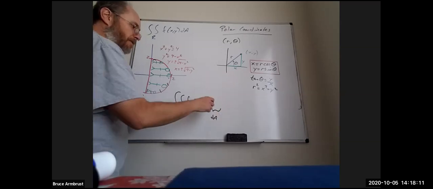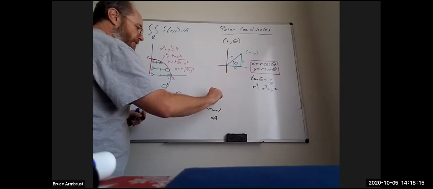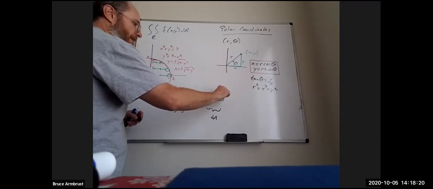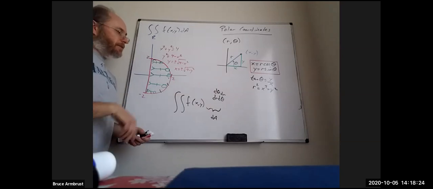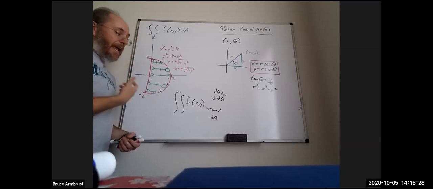But suppose that this dA, we're going to say it's a dr d theta, let's say, right? Or it's going to have a d theta dr. It's basically how it's going to work out. But I want you to think about this in terms of getting this region with angles and radii.